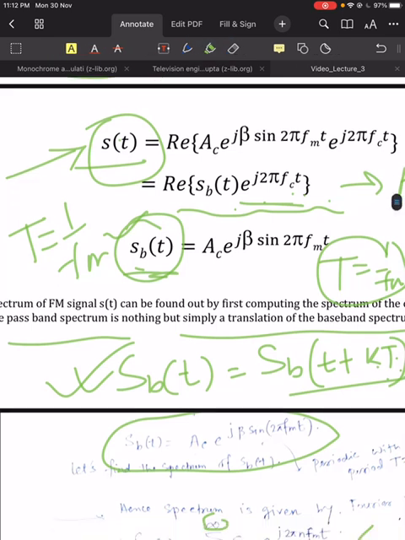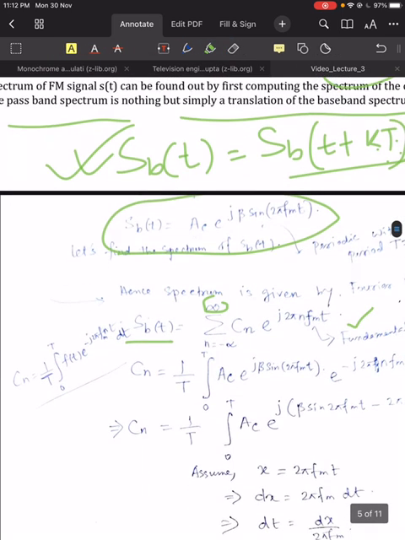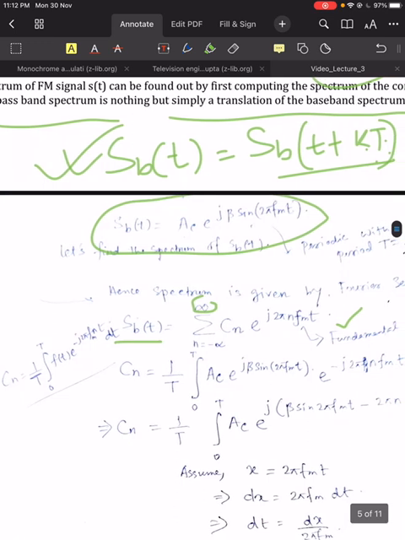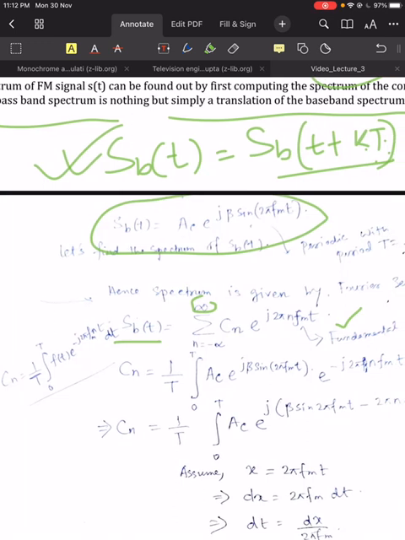Now obviously we can expand s_b(t) as a Fourier series, and C_n is the coefficient of this exponential Fourier series.